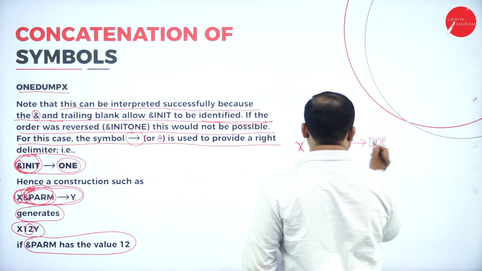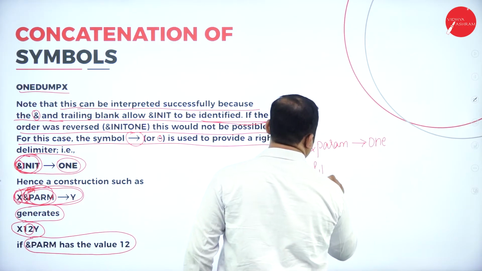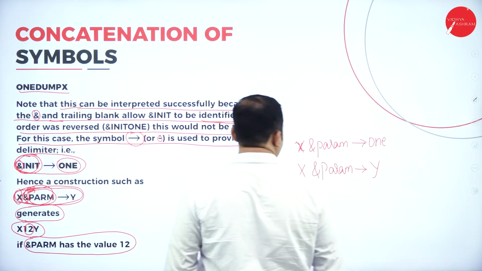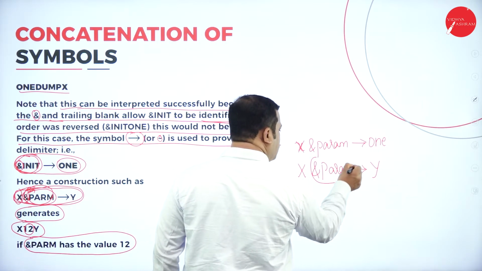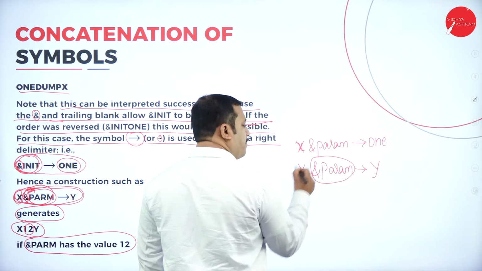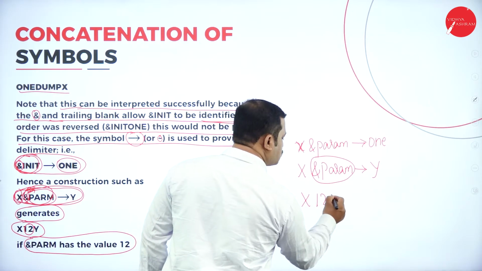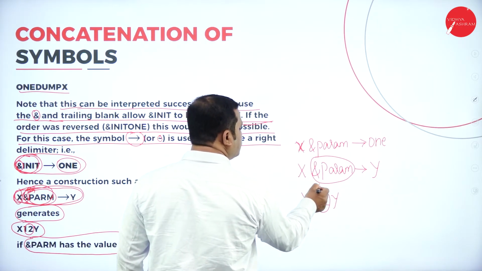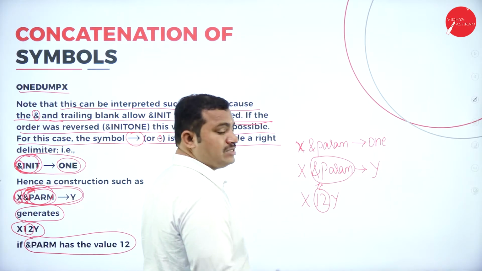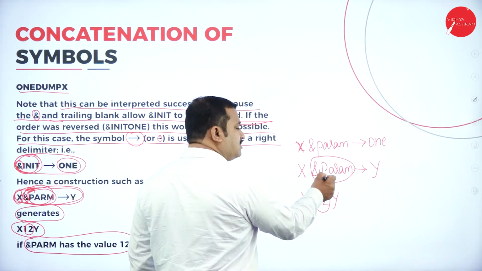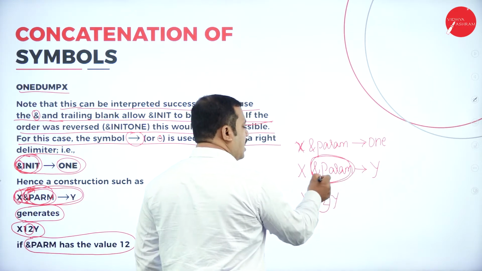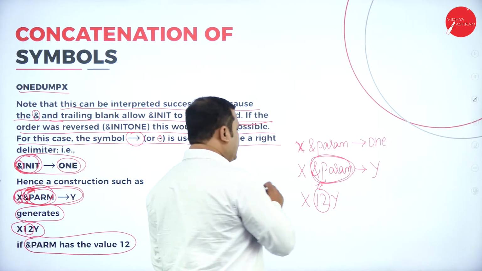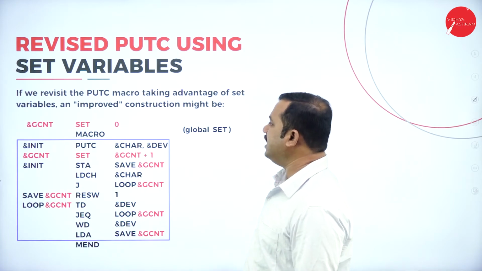So let me rewrite this as X&param tending to Y. If that is the case, there must be some value associated with this &param. So let me write this as X12Y. This indicates that the value 12 is associated with this &param, which is a set variable. The set variable is assigning some values associated with this param to this. If that is the case, let me take you into more detailed information.